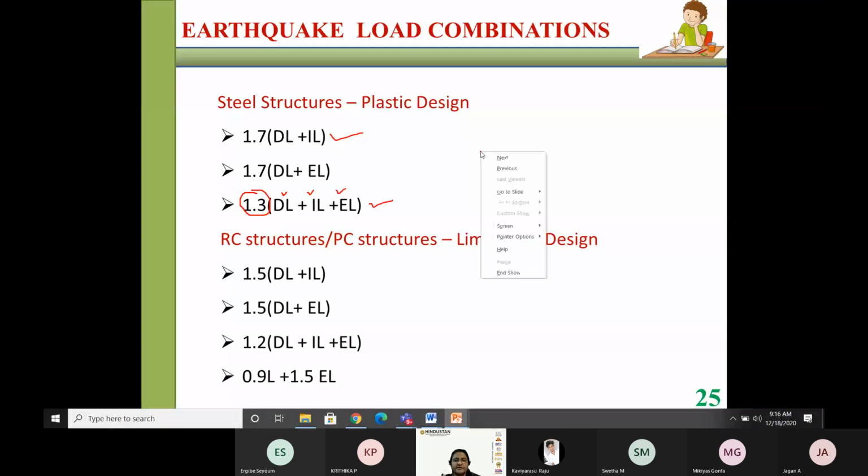Now if you consider dead load and live load, it is 1.7. Dead load and earthquake, it is 1.7. When I consider dead load, live load, and earthquake load, it is less. Why? Because if you see during an earthquake in a building, will the occupancy remain there?